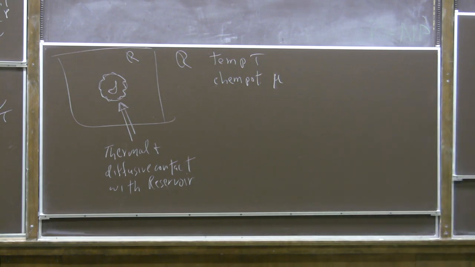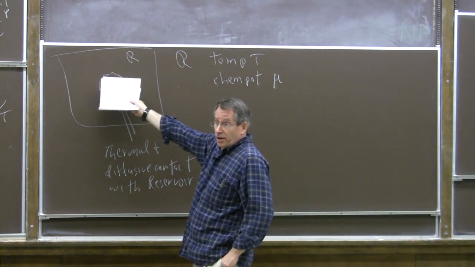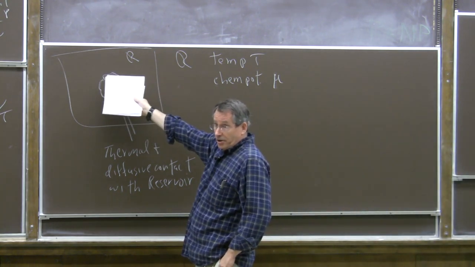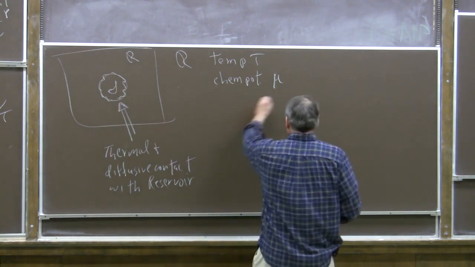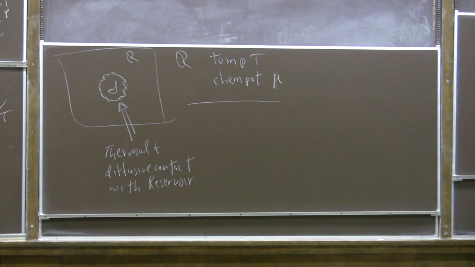So now the system and reservoir are going to try to find their most probable joint configuration, right? That is, we want the product of the system degeneracy and the reservoir degeneracy to be as large as possible. Well, you remember what happened in the case where we just had thermal contact.